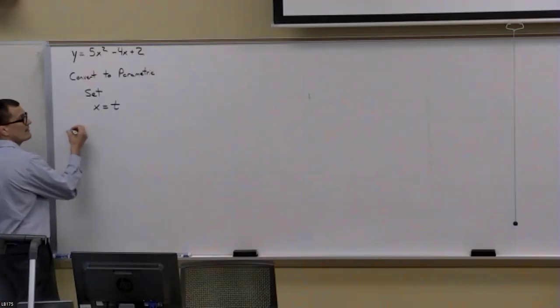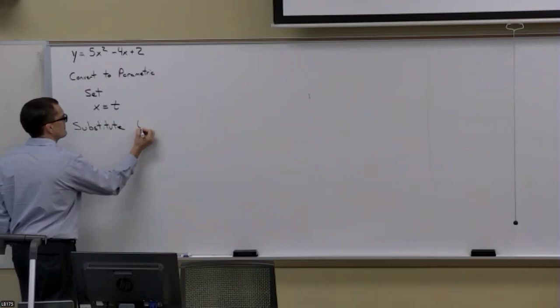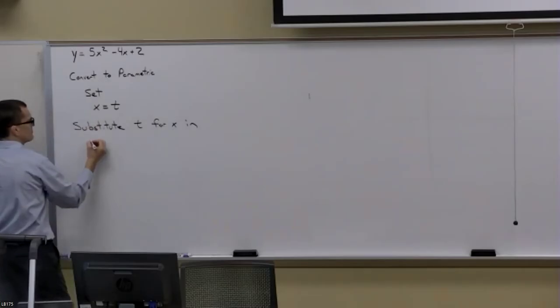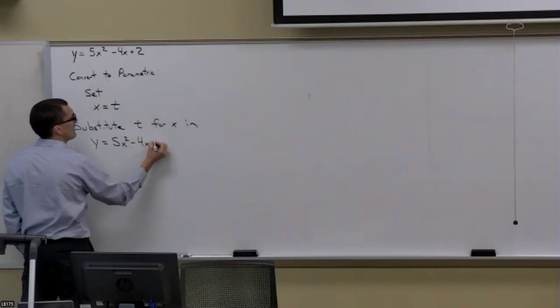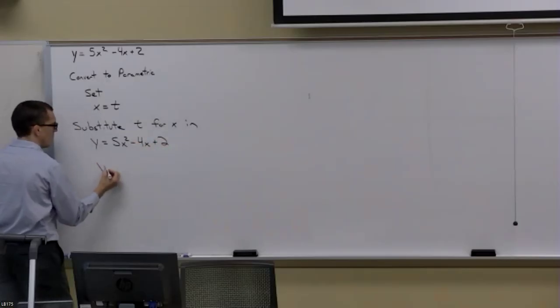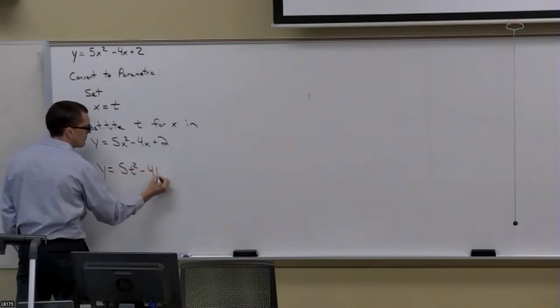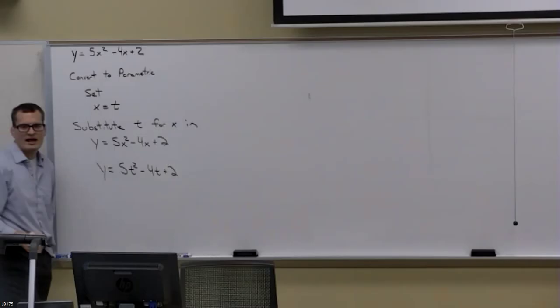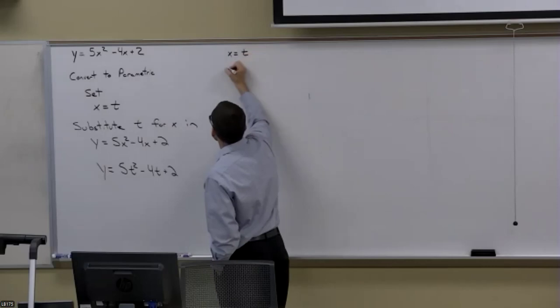And then substitute t for x in that equation. So I get y equals 5 times t squared minus 4 times t plus 2. And very easily, I have a set of parametric equations.